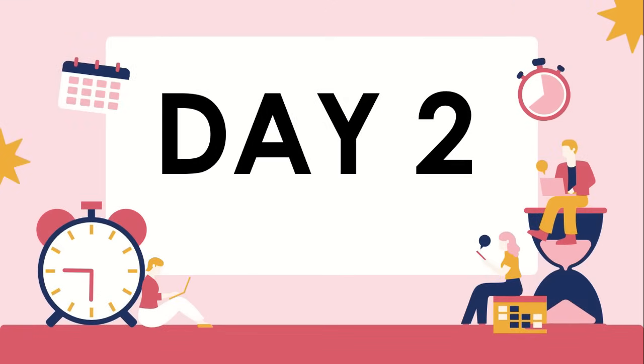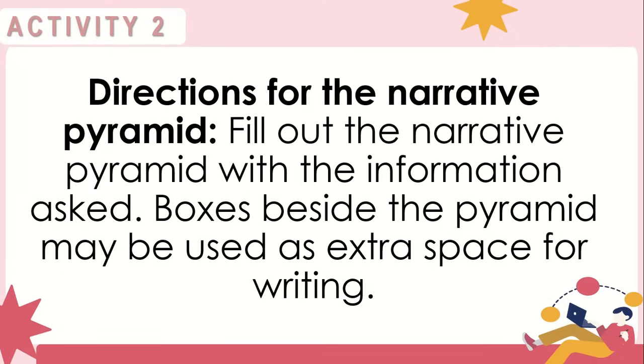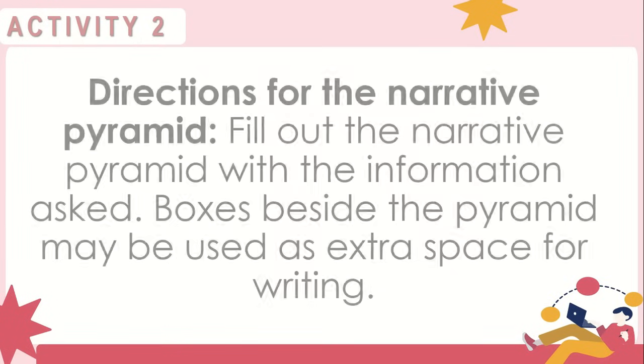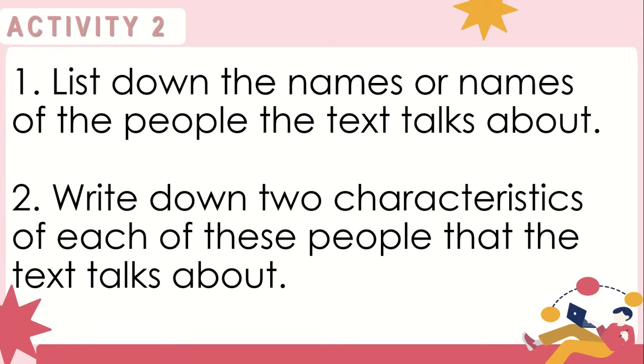For Day 2. Directions for the narrative pyramid. Fill out the narrative pyramid with the information asked. Boxes beside the pyramid may be used as extra space for writing. Number 1, list down the name or names of the people the text talks about.